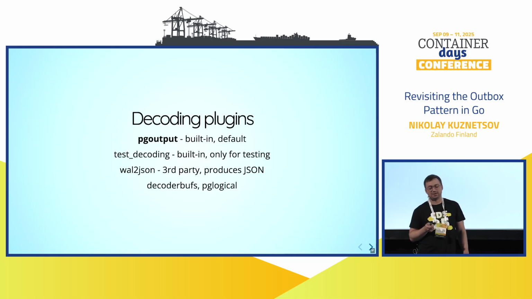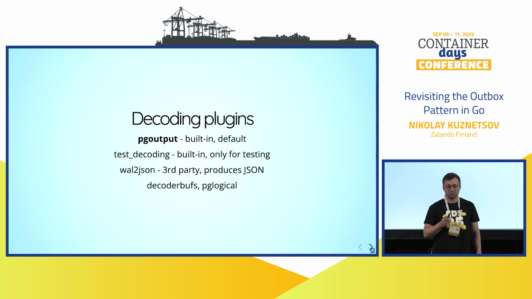In Postgres, there are multiple plugins you can use to decode those messages out of the box. It's built into Postgres, and it's also very low level, so you need to do some additional work if you want to get actually useful data out of it. wal2json is useful to get JSON immediately.